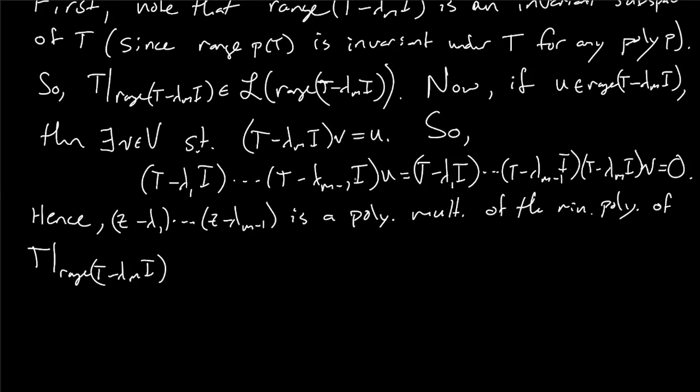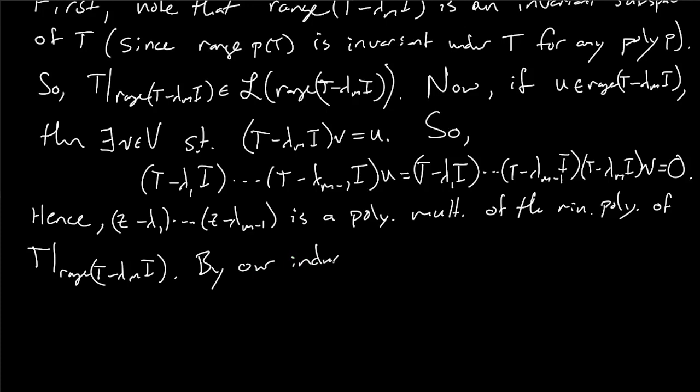Since plugging in u's from the range of T minus lambda_m I to this guy with T in there is the same as plugging in anything for this with T restricted to the range of T minus lambda_m I, this polynomial zeroes out T restricted to the range of T minus lambda_m I. So this is a polynomial operator, hence the polynomial has to be a polynomial multiple of the minimal polynomial of T restricted to the range of T minus lambda_m I. Oh, what a mouthful.